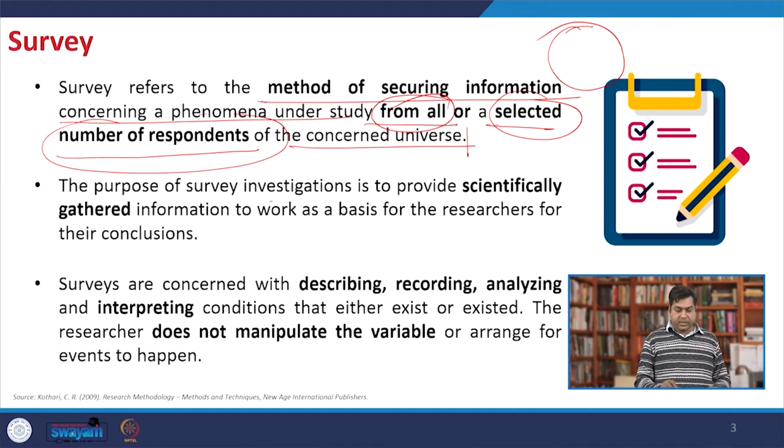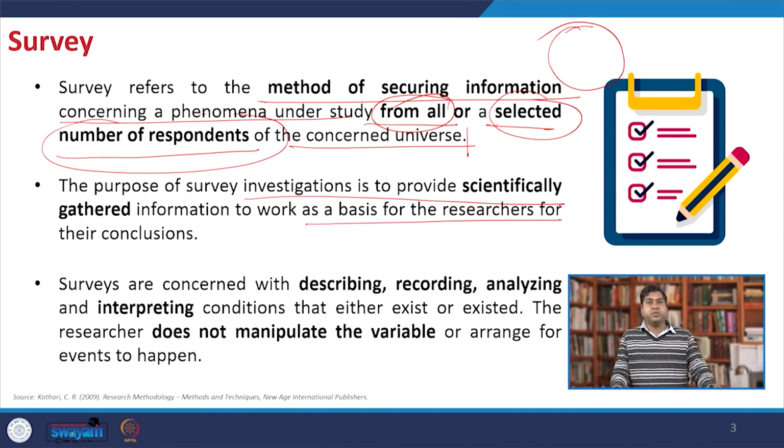The purpose of survey investigation is to provide scientifically gathered information to work as a basis for researchers' conclusions. Suppose my hypothesis is that people are not happy with these amenities, or people are super happy with these amenities in that airport.